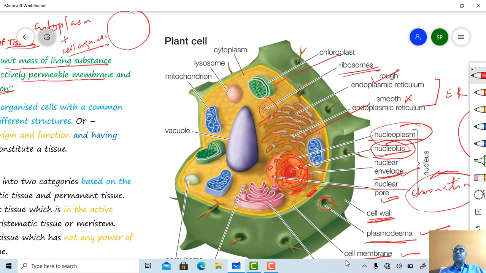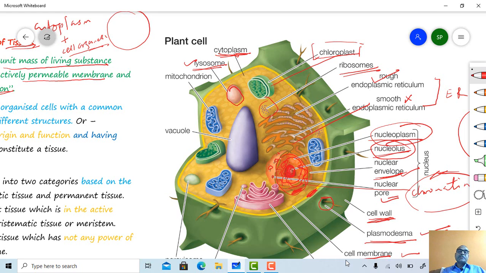A photosynthetic equipment called the chloroplast is also present within the cytoplasm. This entire content is called the cytoplasm. Then lysosomes are also present within the cytoplasm. These primary lysosomes contain digestive enzymes.